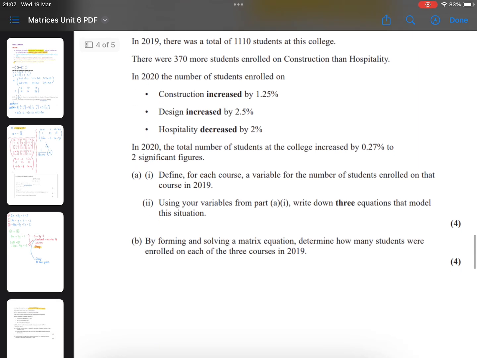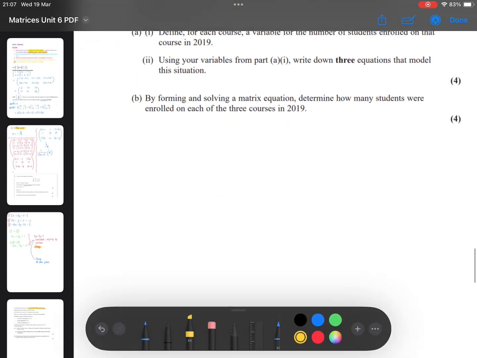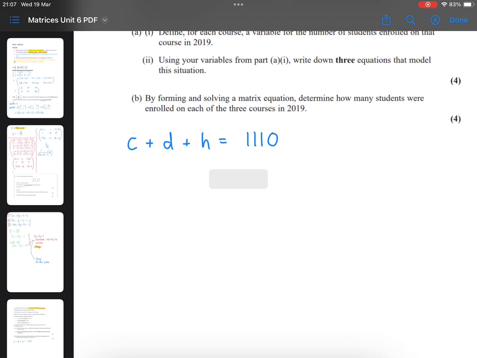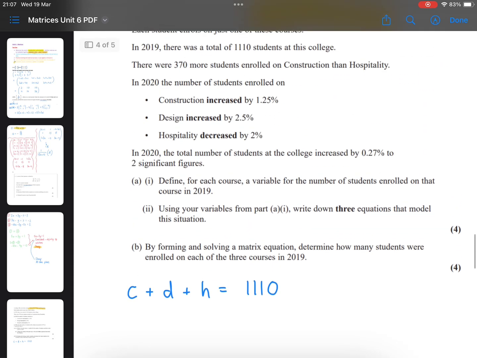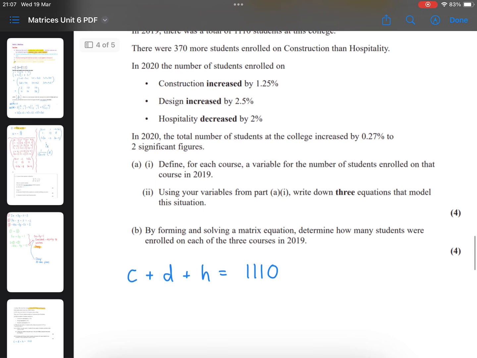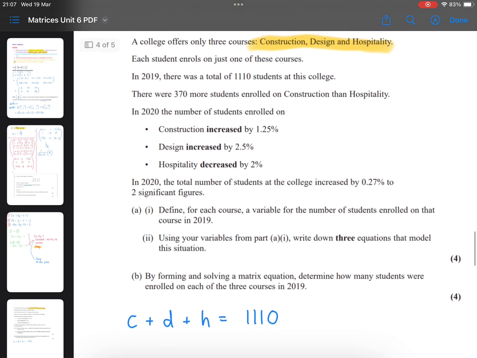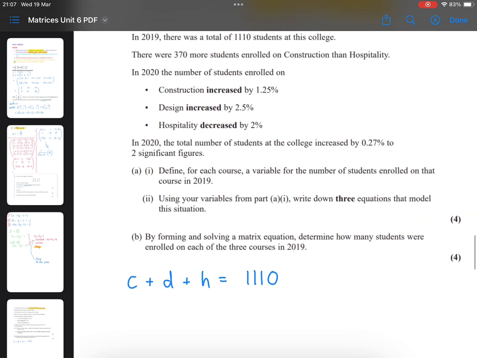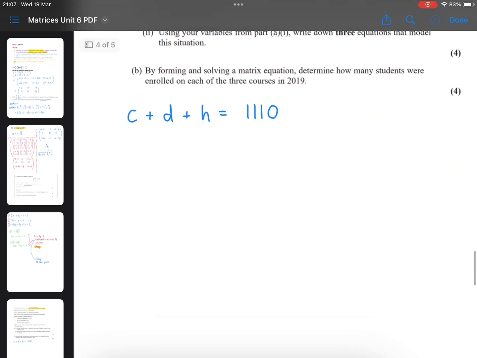There's a total of 1110 students at the college. So that means that C plus D plus H equals 1110. We're trying to solve these for C, D, and H. And you get 8 marks for this, which is quite decent. And then we're told there were 370 more students enrolled on construction than hospitality.